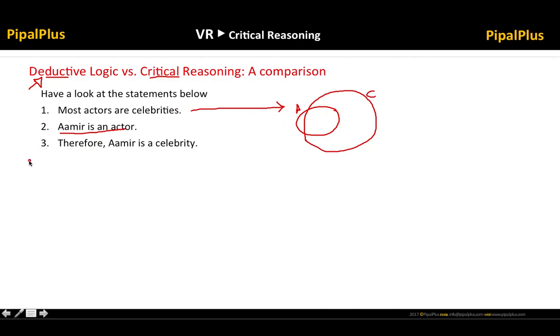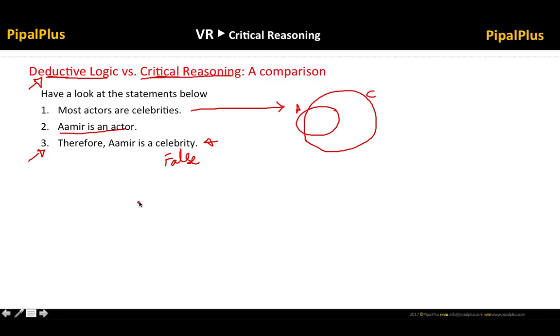So this conclusion says, therefore Amir is a celebrity. When we approach this problem from the logical reasoning or deductive logic point of view, this statement may or may not be true, so we will have to mark it as false. Why? Because this statement may be true, it may not be true. However, in critical reasoning we are dealing with shades of gray.